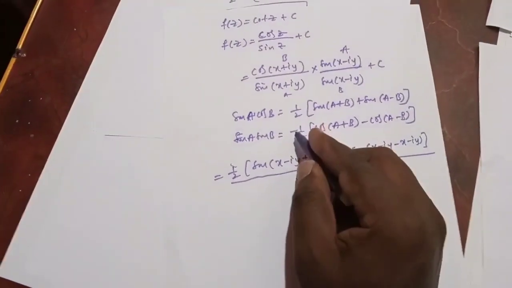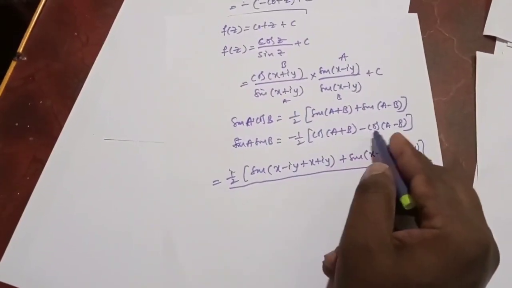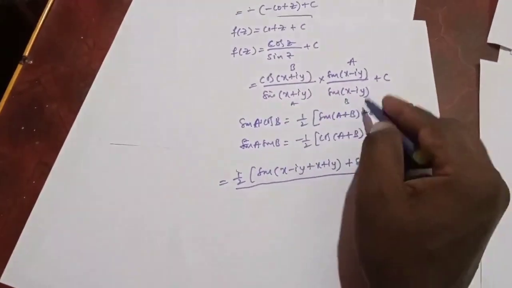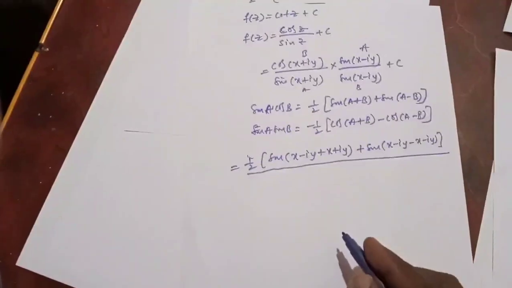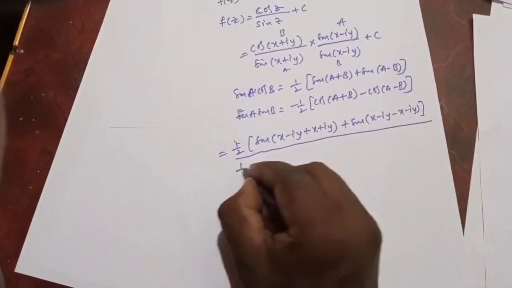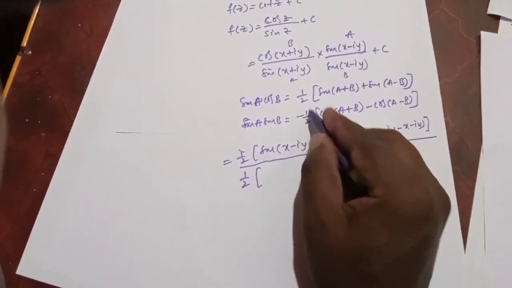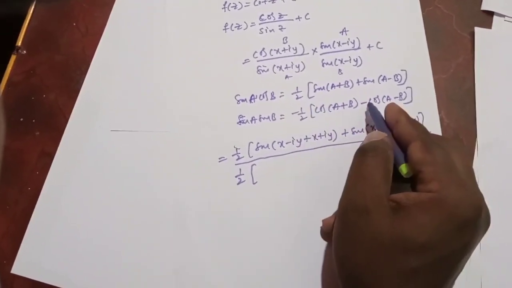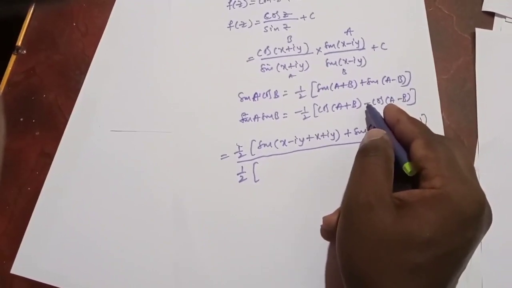Here listen carefully. This is minus 1 by 2 times cos of a plus b minus cos of a minus b. Here a is x plus iy, b is x minus iy. I will rearrange like this: 1 by 2 times, I will multiply this negative sign to the bracket, so this becomes plus.